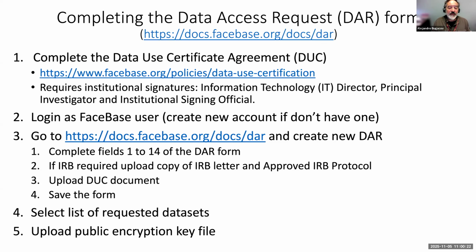For example, different data has different data use limitations, and some of this data requires an IRB letter or an IRB protocol, so you have to upload copies of those files to that form, and then you sign the form, and that submits. Then you select the list of data sets that you want to request access to, and then you're pretty much done with that process.